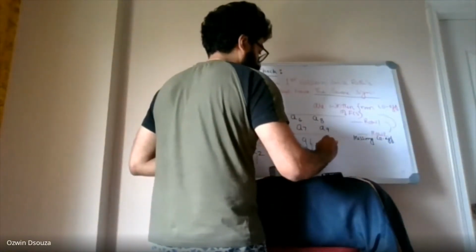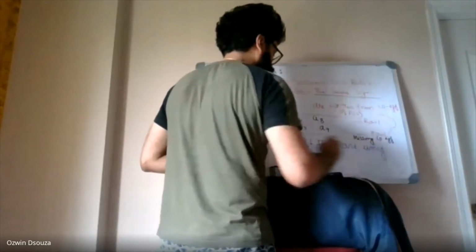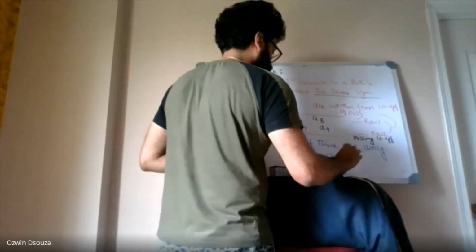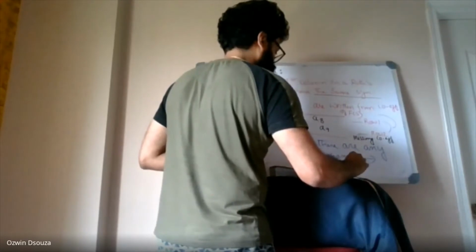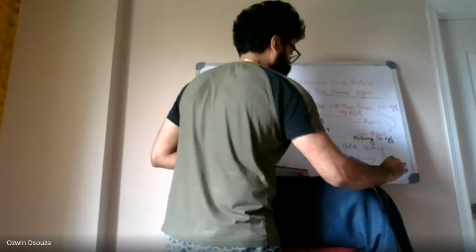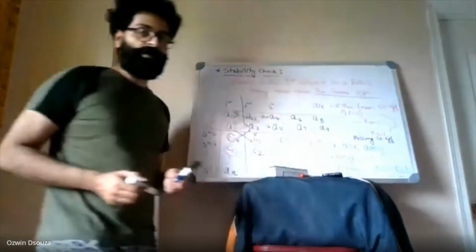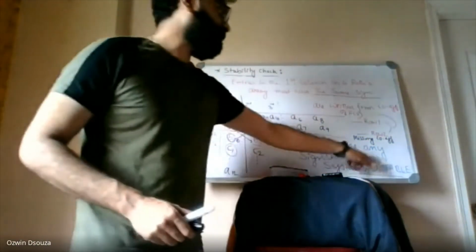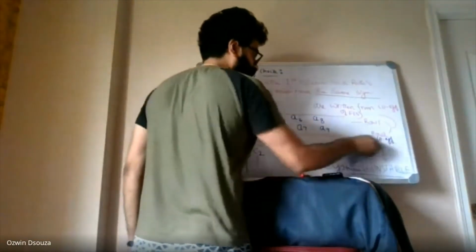Then you can say that the system is unstable. Okay. So that's about your Routh's criteria.